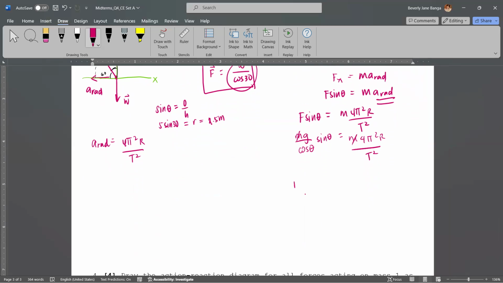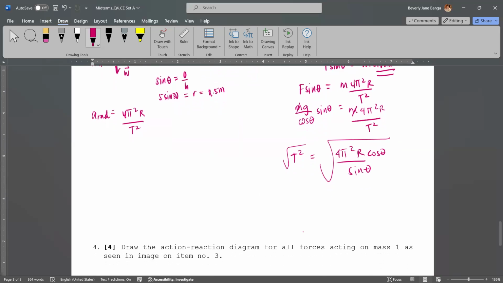So my t squared is simply 4 pi squared r times cos theta over sine theta. Okay? And we get the square root. This is simply t is equal to 2 pi square root of r cos theta over sine theta.